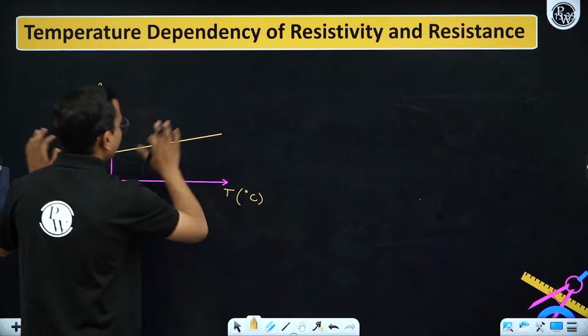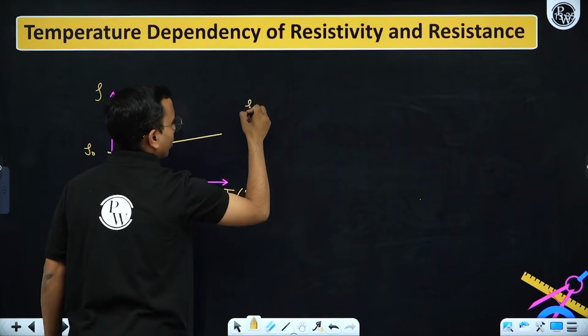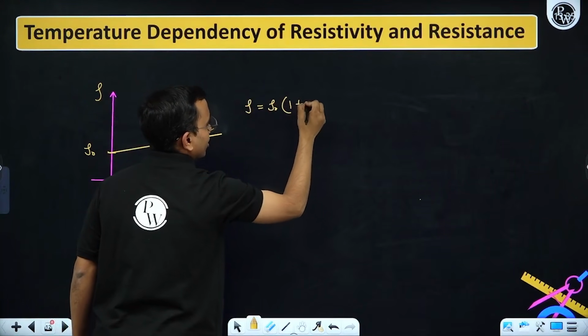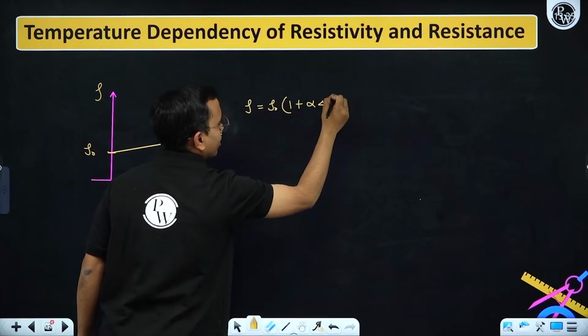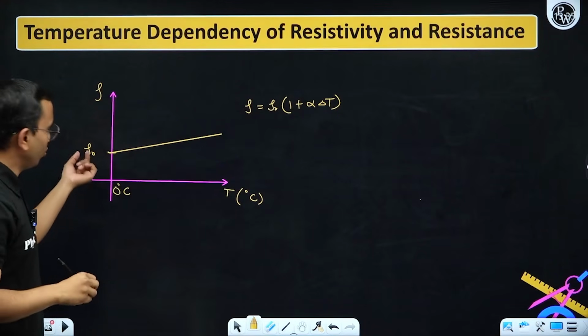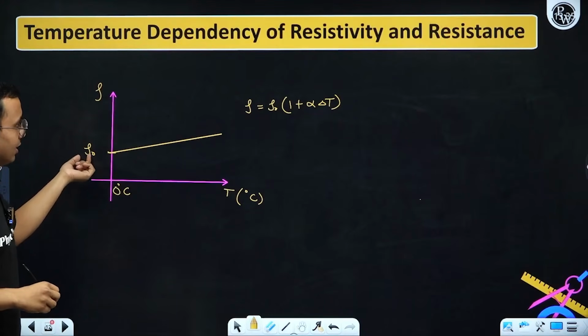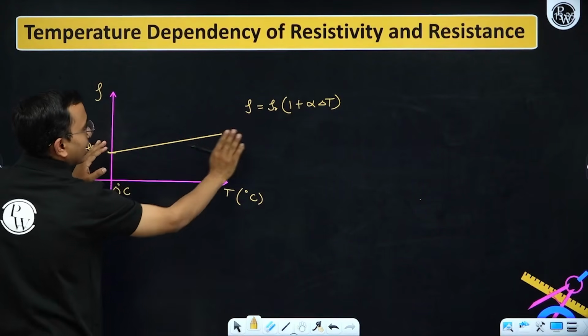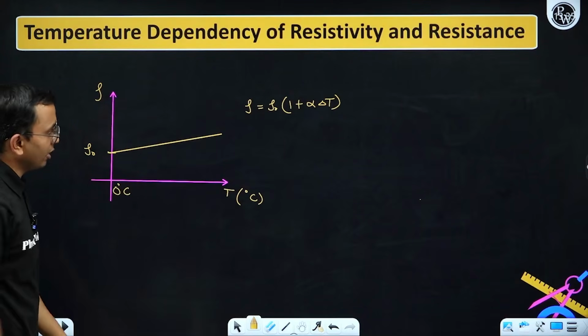So for the resistivity at any particular temperature, rho is rho naught into 1 plus alpha delta T. At 0 degrees it is rho naught, when delta T is 0. As delta T is increasing, rho will keep on increasing.